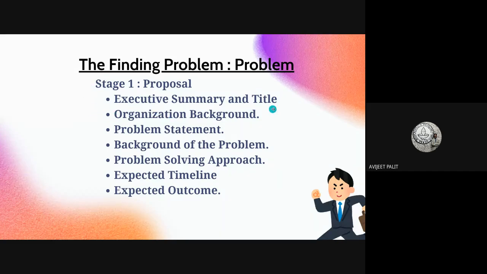In the organization background, you are expected to write the background of the organization with key numbers, like their annual turnover, their number of employees, their location, a simple quick history of the business, and in which sector they are dealing. Is it the textile sector?